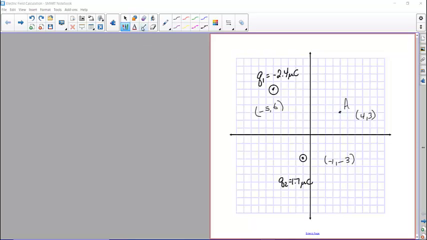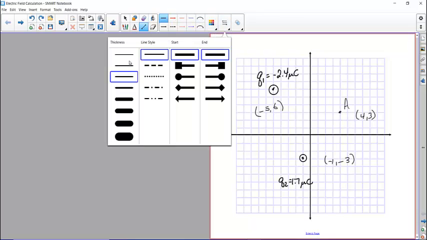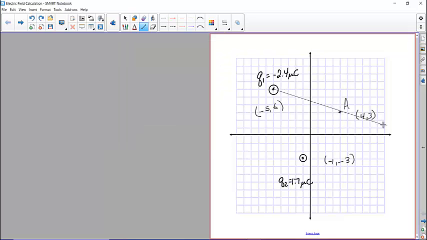Because the direction of the vectors is going to be along the line connecting them. So these are the lines connecting the points.